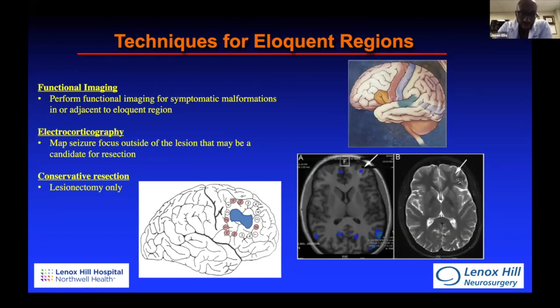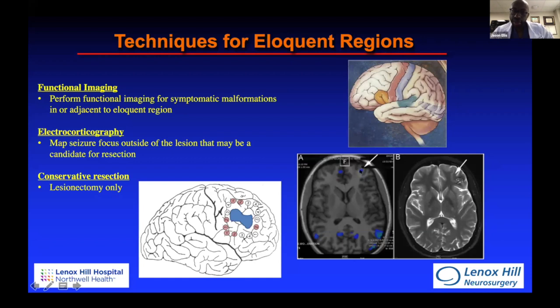Now, there are special techniques for removing tumors from eloquent brain regions. There's functional imaging, which can be done. In fact, that patient with this left frontal cavernoma, we did a functional MRI looking for the speech areas.